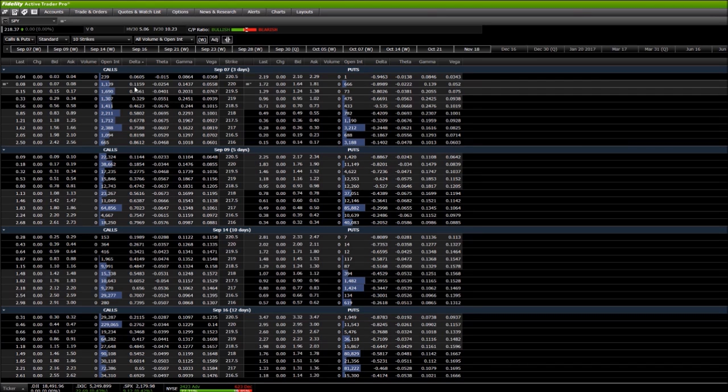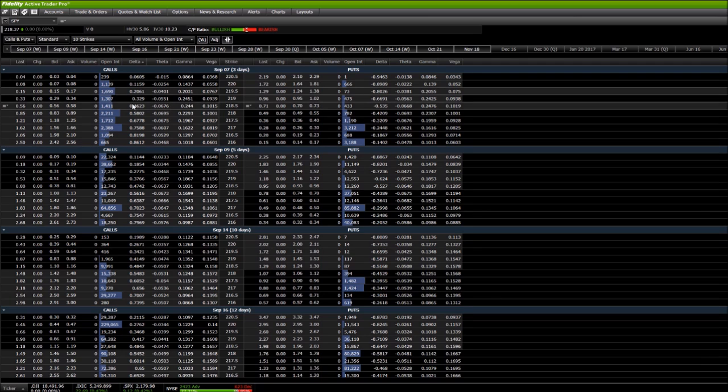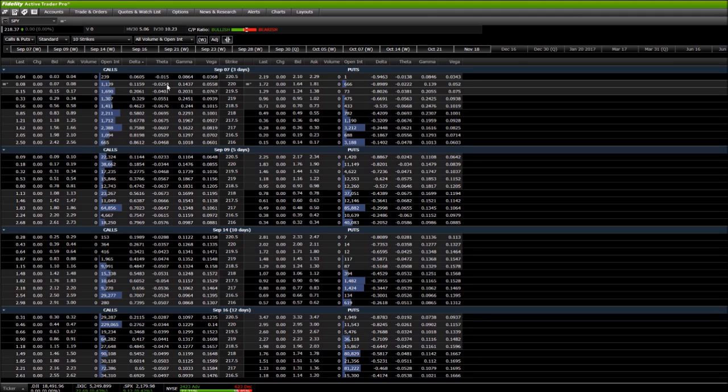That means we're currently at 218.37, and if tomorrow SPY goes up to 219.37, I can anticipate the price of the option to increase by 11.59 cents. Next we have theta, which is time decay. Again, that is the drop in the option price each day if all else remained equal.